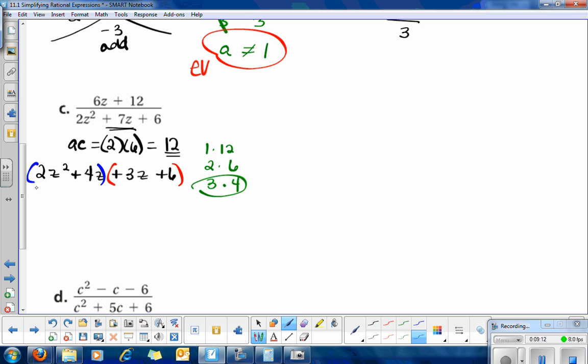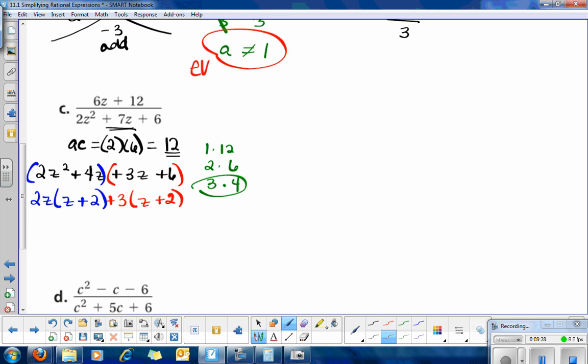So when we factor the first group, we're going to factor out a 2z. So 2z factors out, and we're left with z plus 2. And then when we factor out a positive 3 in the second group, plus 3, we end up with z plus 2.